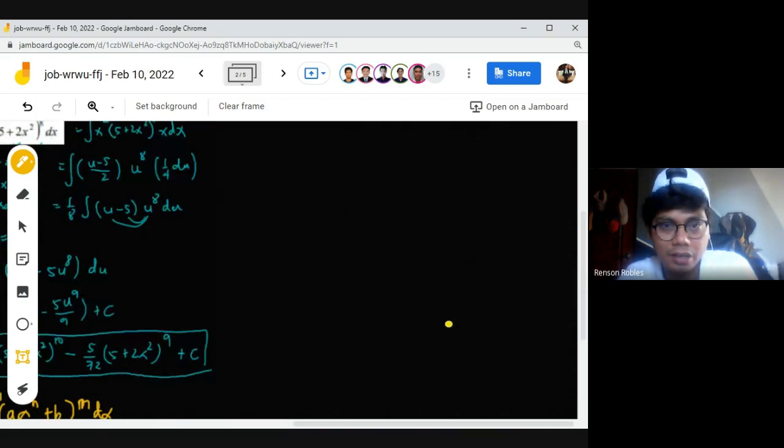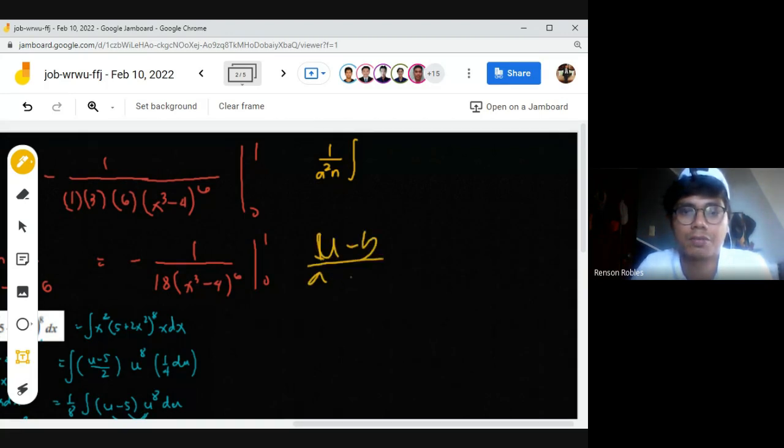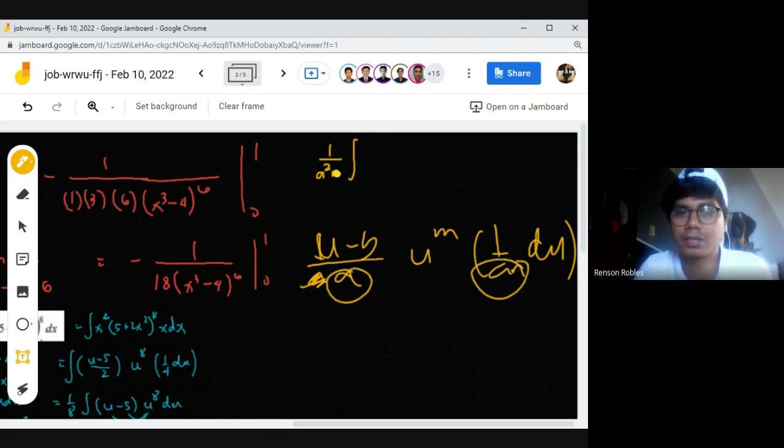And I'll just write it here. So you'll have 1 all over a squared n, integral of u minus b all over a, then u to the m, then 1 over a n du. So when you multiply these two, you have a squared n.